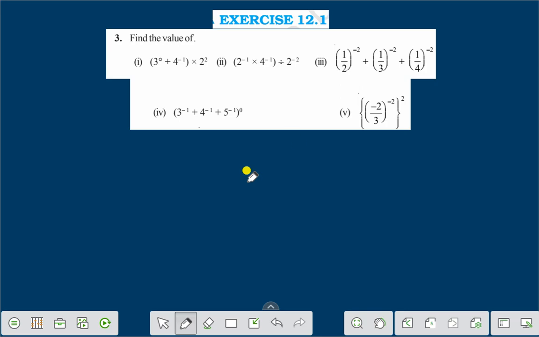Question number 3 is this one: 1 by 2 to the power minus 2 plus 1 by 3 to the power minus 2 plus 1 by 4 to the power minus 2.